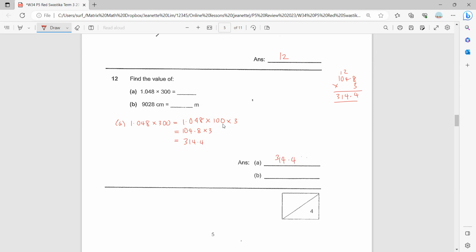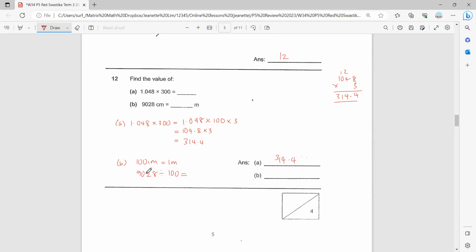For B, to convert to meters, 100 cm equals 1 meter, right? So to convert to meters, you need to divide by 100. So 9028 divided by 100. The decimal is behind the 8, so you shift it twice.